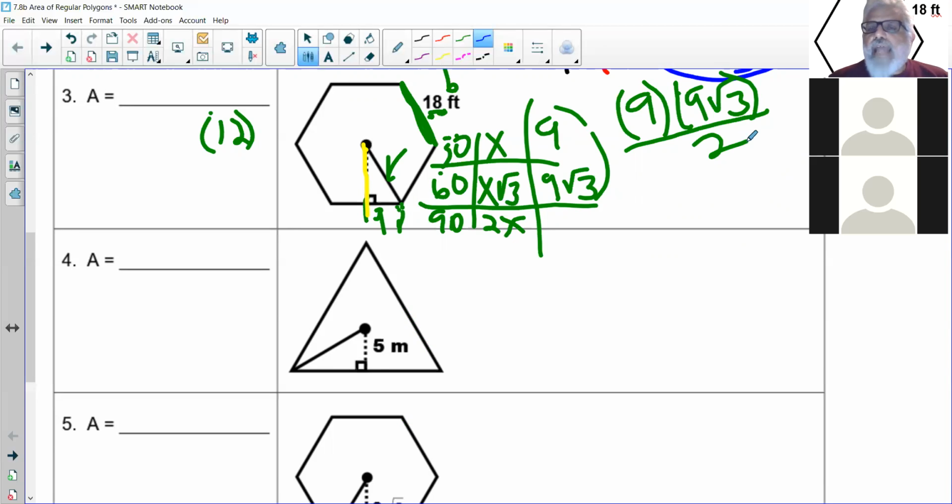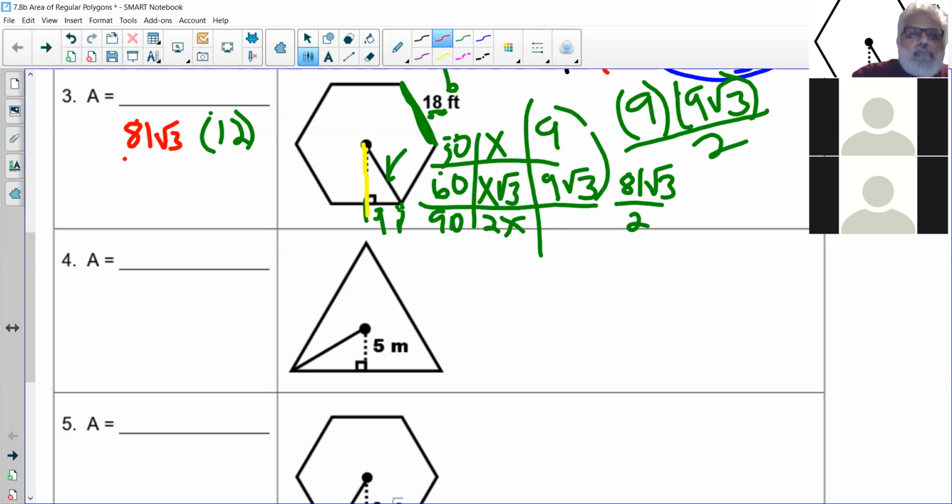Right, so I'm gonna do the 9 times 9. 81. Yep. And just leave everything else there. So now, 81 square root of 3 divided by 2. Yep. And so now I'm ready for my last step, right?